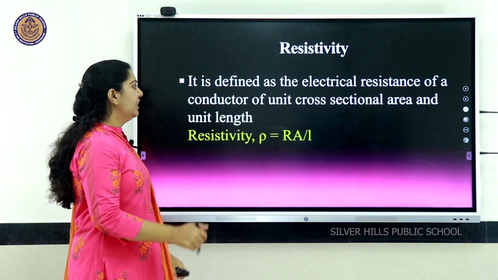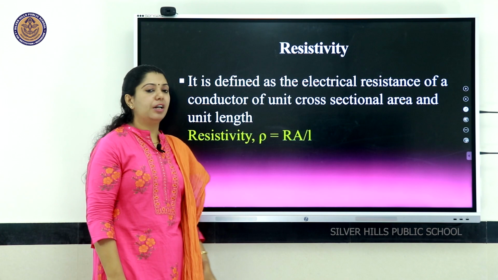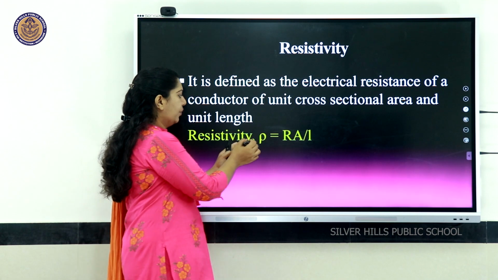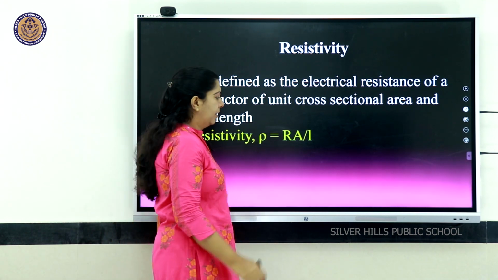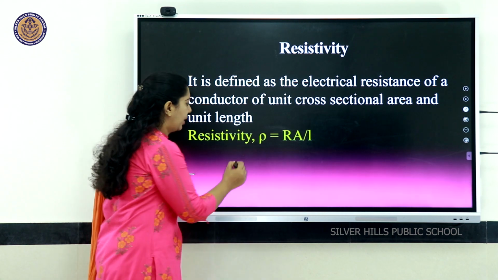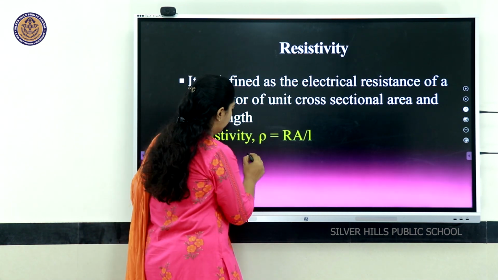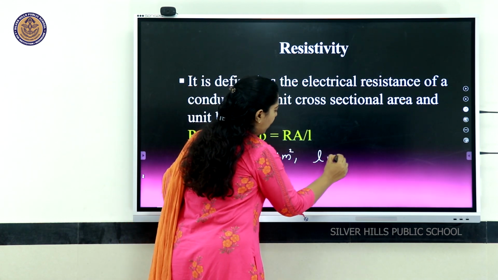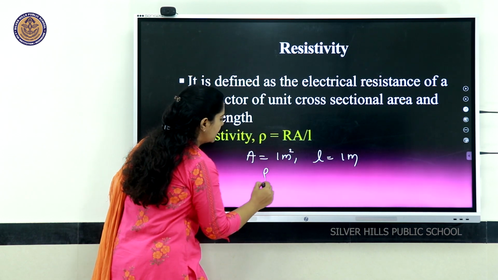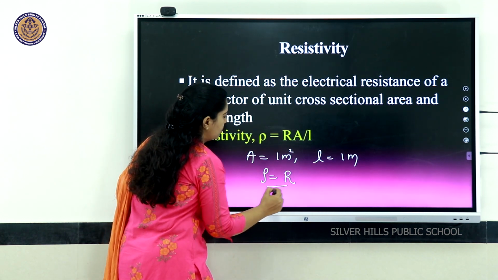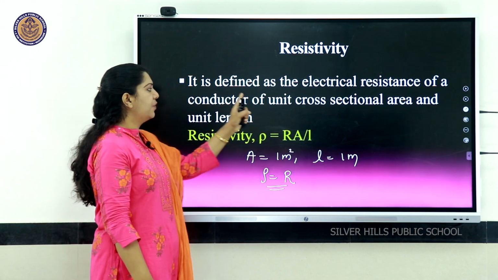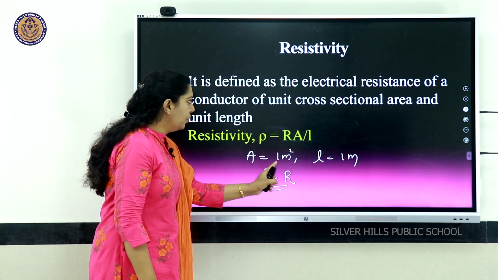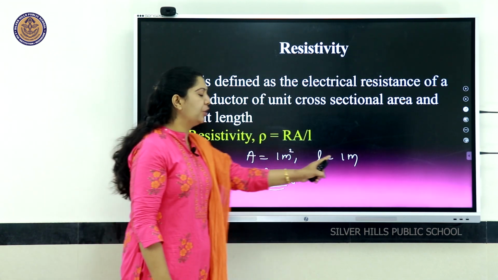Resistivity is defined as the electrical resistance of a conductor of unit cross-sectional area and unit length. You know, if rho is equal to RA by L, if area is equal to 1 meter square and length is equal to 1 meter, then we can write rho is equal to R. So, we can define resistivity: it is defined as the electrical resistance of a conductor of unit cross-sectional area and unit length.